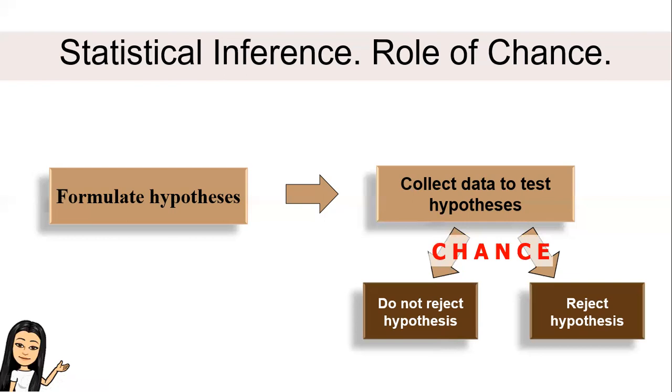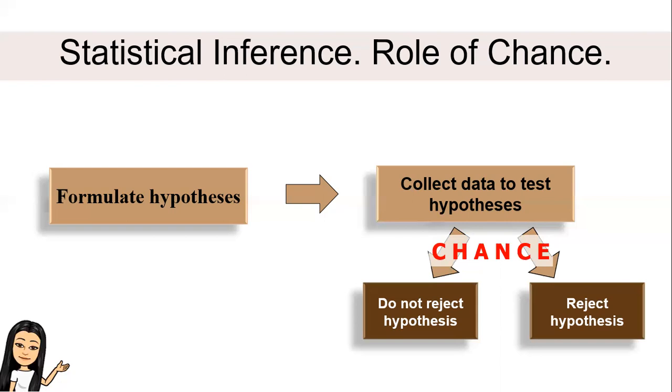And remember that if you reject or do not reject your hypothesis, this might be attributed to chance. Maybe your data is not adequate. Probably your data is too small, or you have not collected enough data. Maybe the data you collected is not correct.